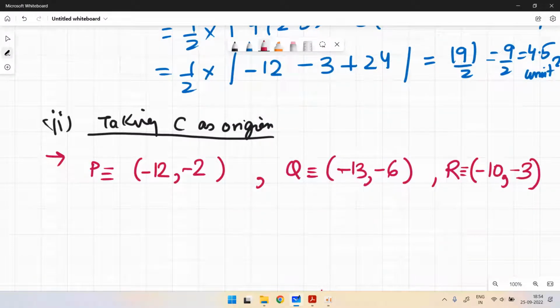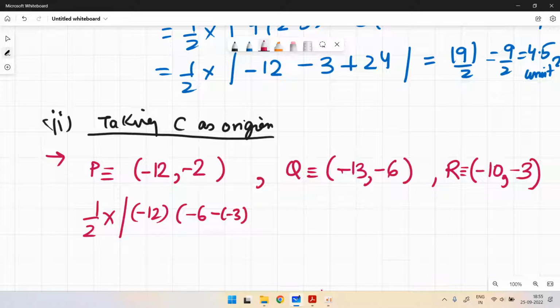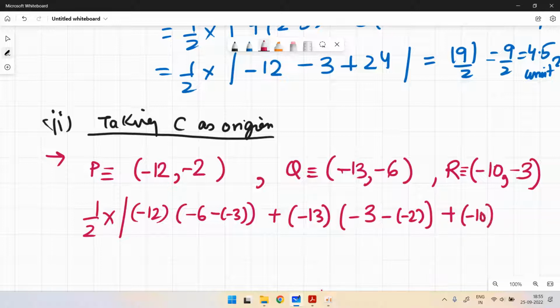With C as the origin, these are your coordinates, and the area is half of x1 which is minus 12, times y2 minus y3, where y2 is minus 6, minus of minus 3, plus x2, y3 is minus 3, minus y1, plus x3 into y1 minus y2, modulus closed.